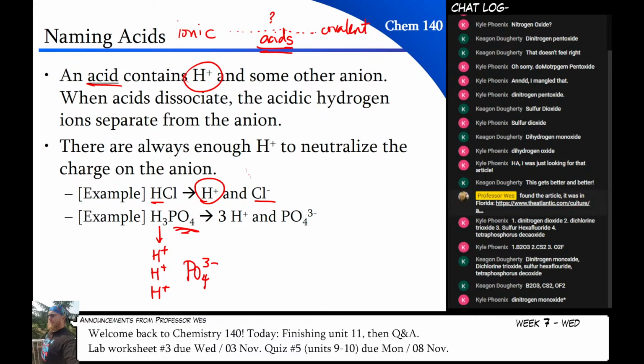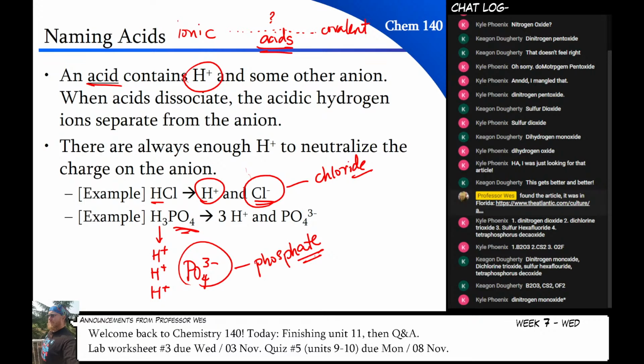Now, you're going to want to split your acid into its ions, because we're going to look at the ion that separates apart from its H's, and look at its name. For example, this is chloride. This is phosphate.